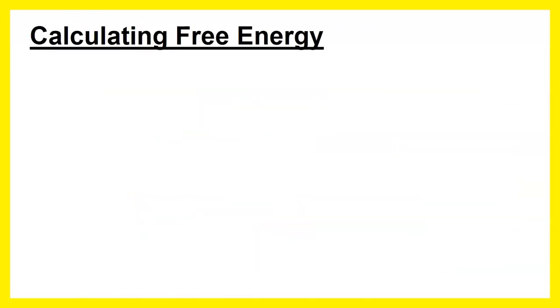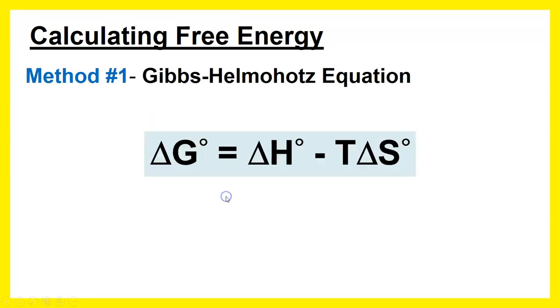So, how would you calculate it? If you want to do more than just mental math, if you're not just trying to decide spontaneous or not, then there's a couple different ways that you can calculate the actual delta G. The first is using that Gibbs-Helmholtz equation.